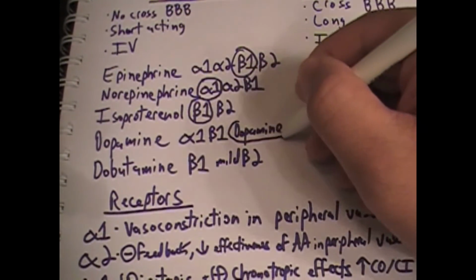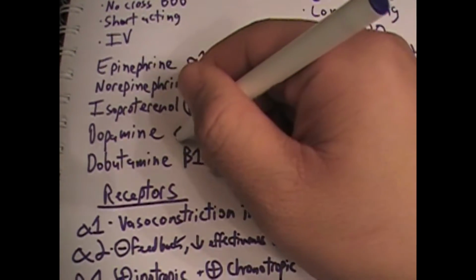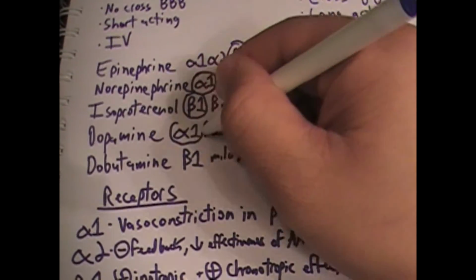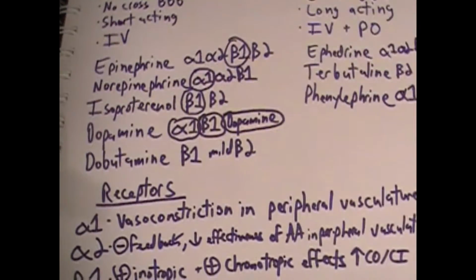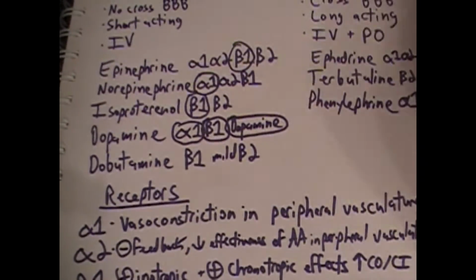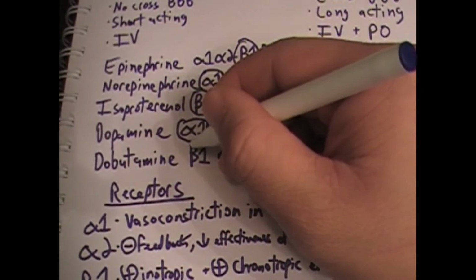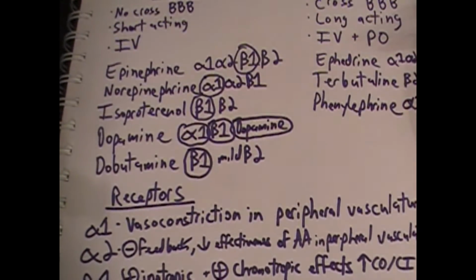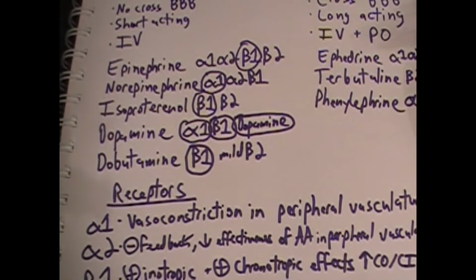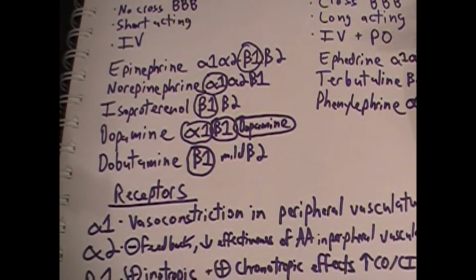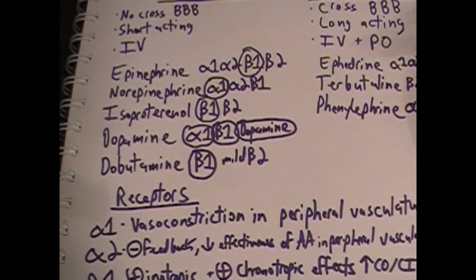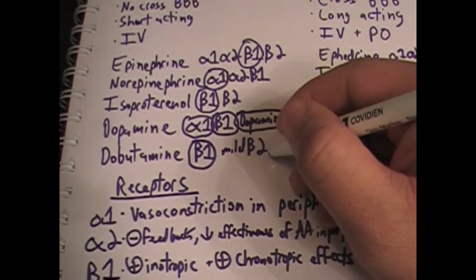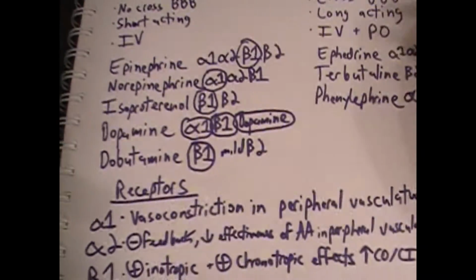Dopamine will be specific for the dopamine receptor, causing renal vasodilation and increased renal perfusion. But it also has alpha 1 and beta 1 effects that affect it pretty strongly. And for dobutamine, we have beta 1 agonization, once again causing positive inotropic and positive chronotropic effects. So mild beta 2, which will also potentially cause a decrease in MAP.